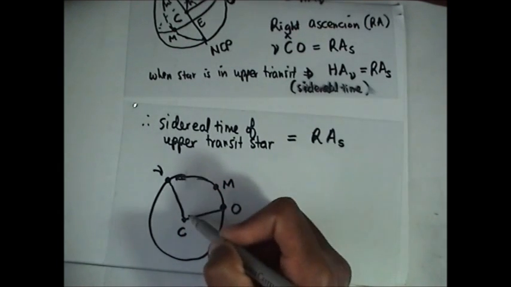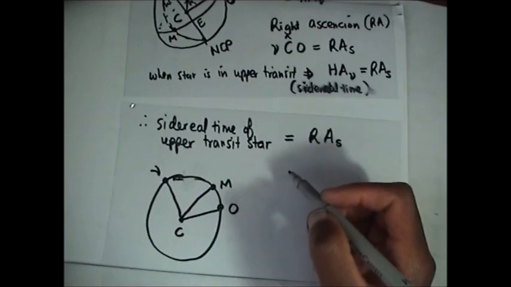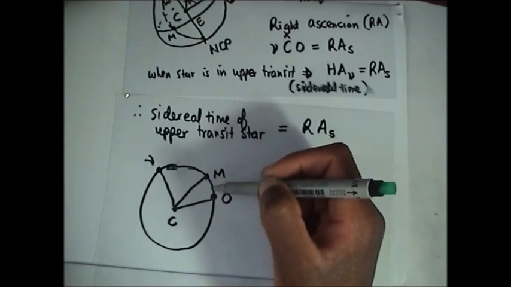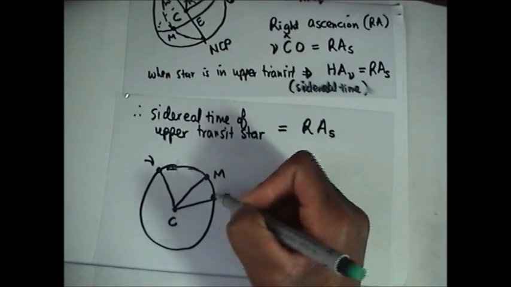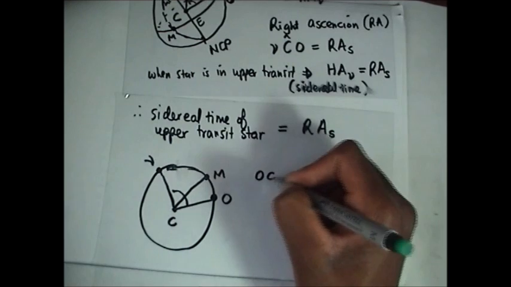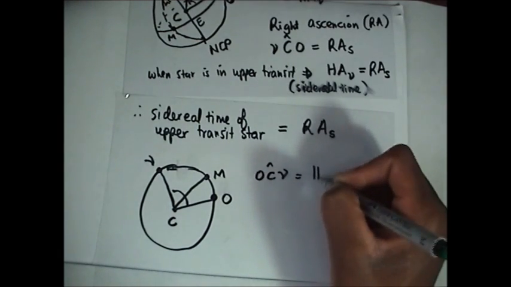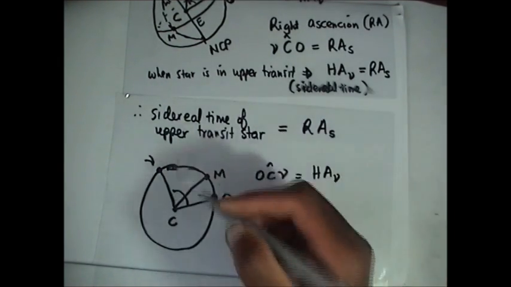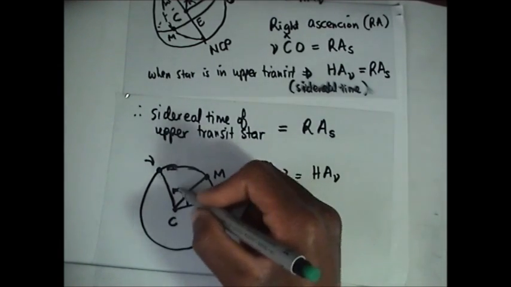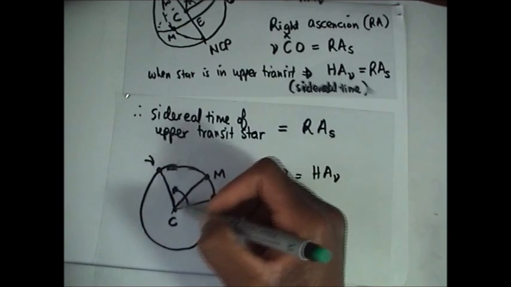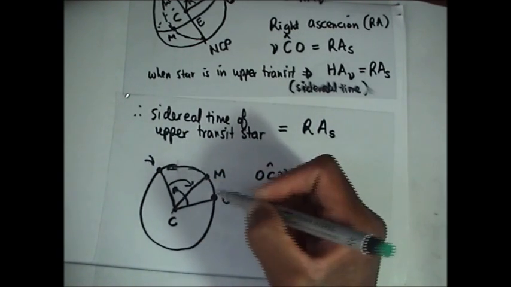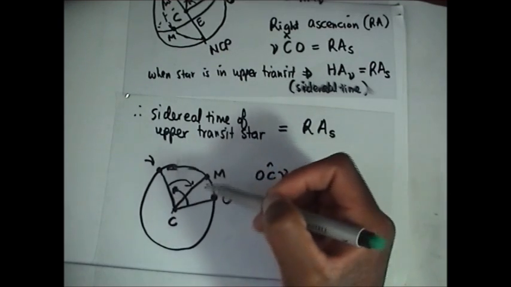Can you see we have our angles now? We have our OCV and we also have our OCM. So now let's calculate our angles. We can calculate our OCV, which is our angle of V. VCM is measuring the right ascension of this particular star.